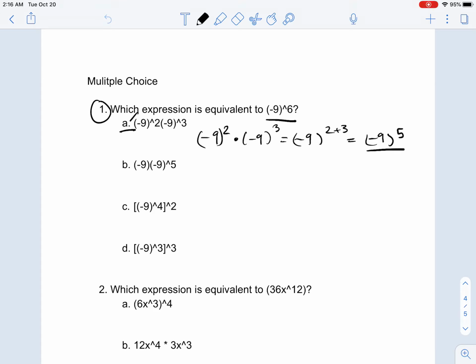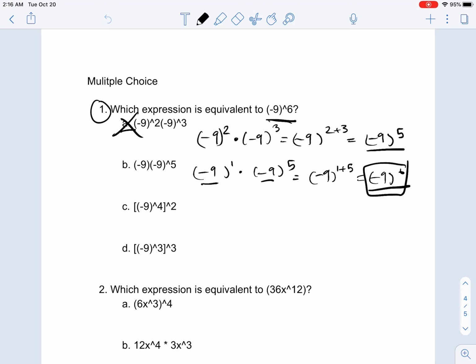No. So we know that A is wrong. Let's move on. You have negative 9 times negative 9 to the 5th power. Same idea. Since they have the same base, you can just add the exponents together. Negative 9 to the 6th. Is this equal to this? Yes. So you know that B is one of your answers.